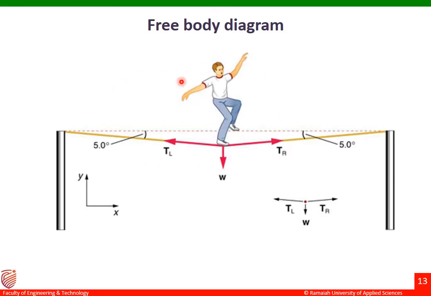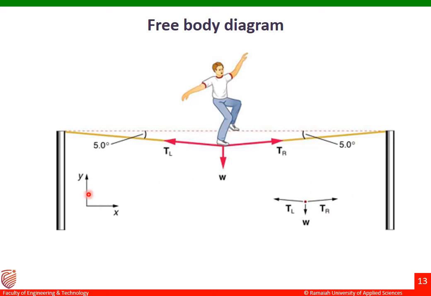Okay, so I'll repeat it once again. This is the weight of the person who is standing on the rope, which is acting downwards, and then due to his weight there will be tension along the rope towards the left side and towards the right side. So this is how the tension towards the left side is represented, and this is how tension towards the right side is represented.